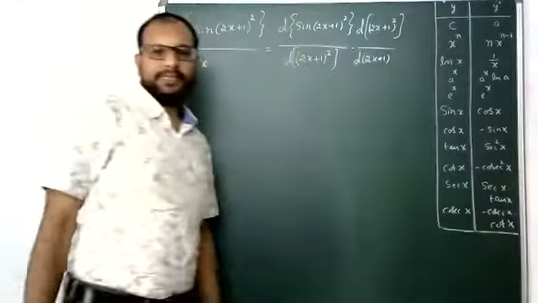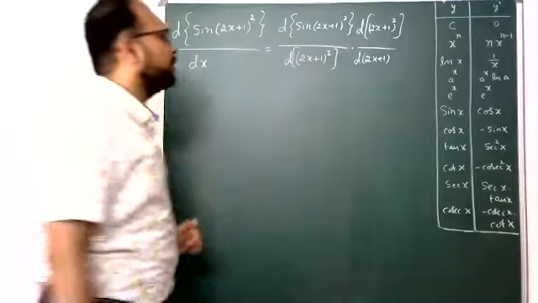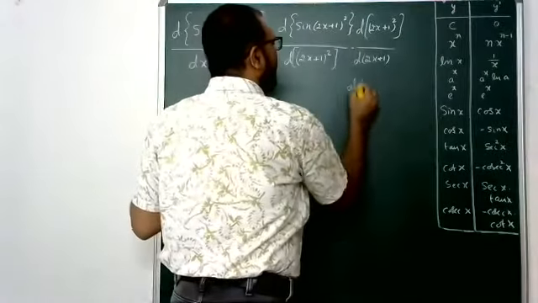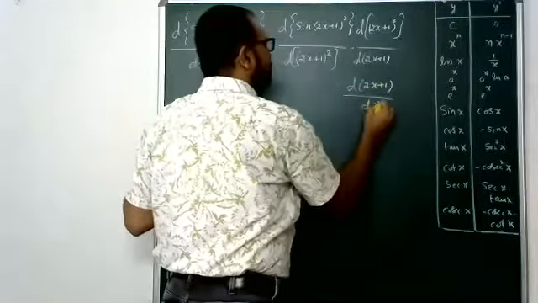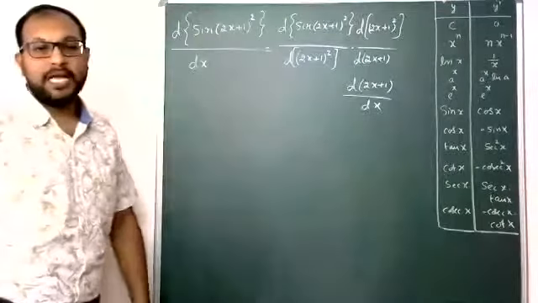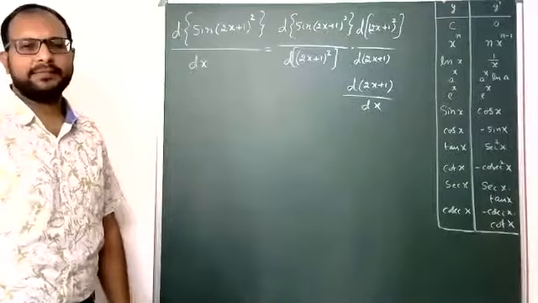Still not completed. Yes, still one more: derivative of 2x plus 1 with respect to x. So total 3 links there in this chain.